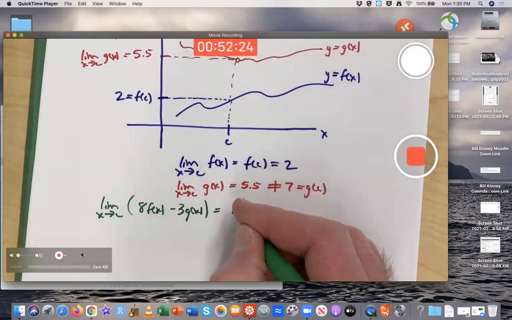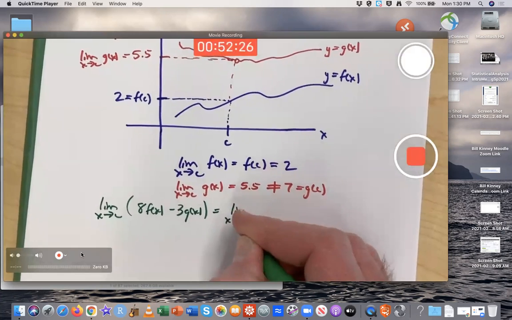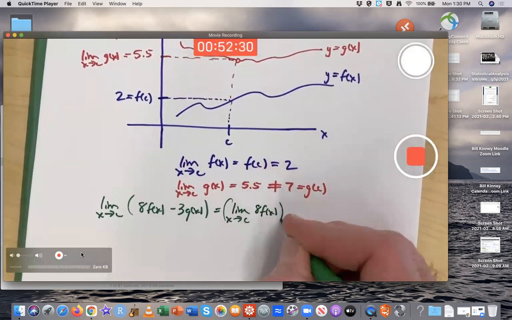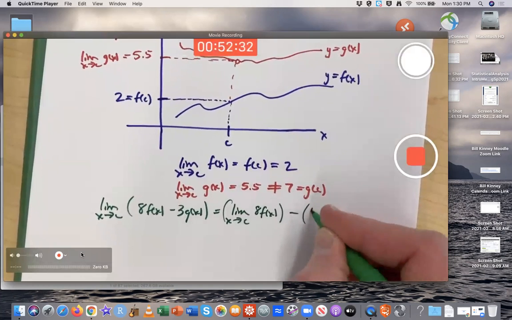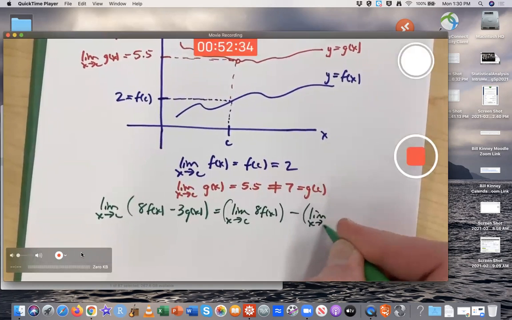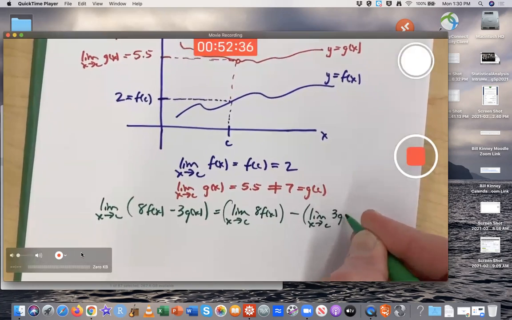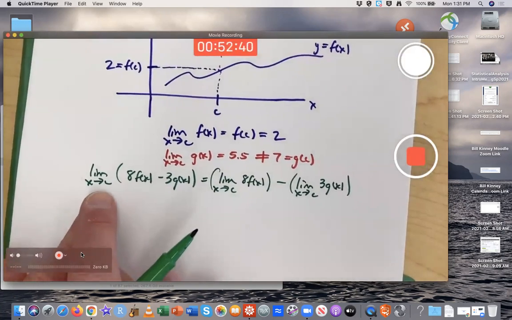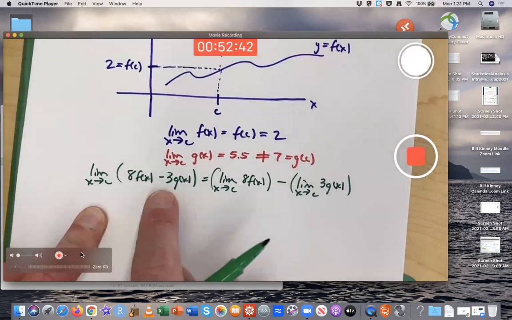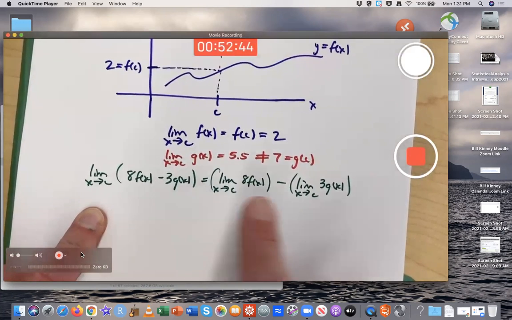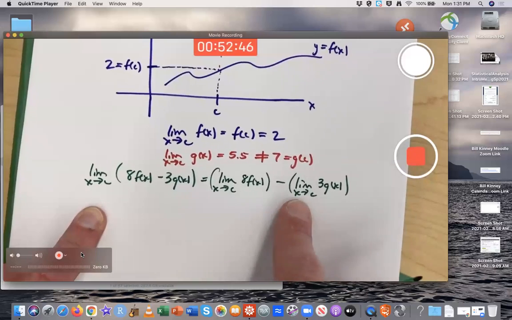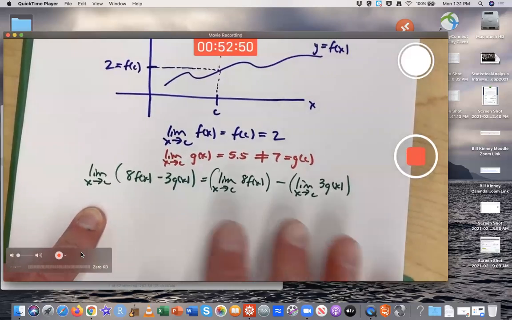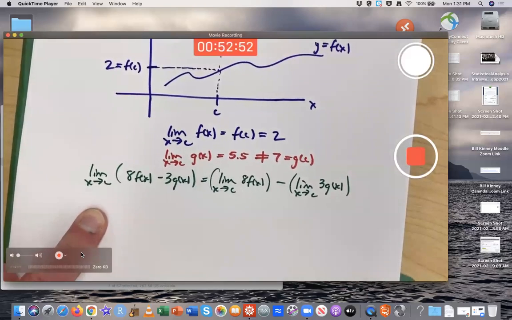That is the limit, the difference of the limits, I should say. For extra emphasis, I'll use parentheses like this. The limit, watch where I'm pointing, the limit of a difference of two functions is the difference of the corresponding limits, assuming these limits all exist. If they don't exist, then this doesn't work, but assuming they exist, which they do in this picture.